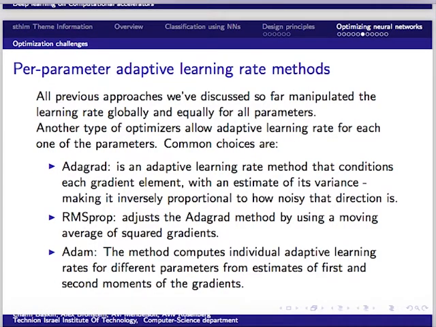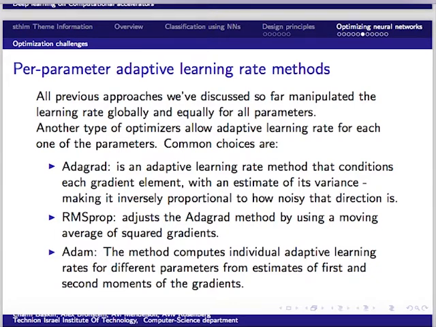SGD and SGD with momentum are optimization techniques that have no adaptation of the learning rate, because we actually fixed it. So these methods are not taking into account what happened to our gradients.